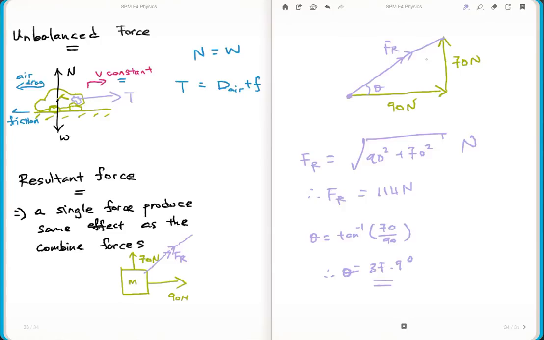I think I will make another video for this, but if I were you, I would stop this video and try questions on resultant force. Now we are just doing horizontal and vertical, not talking about angles. In my next video, I'll do more specifically on resultant force.